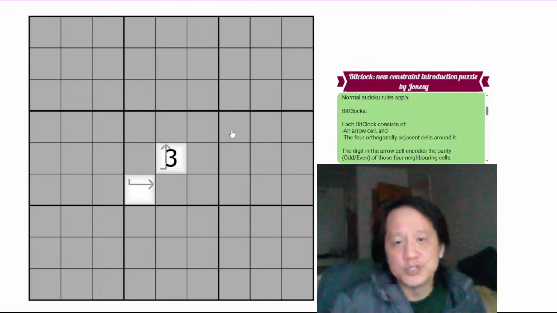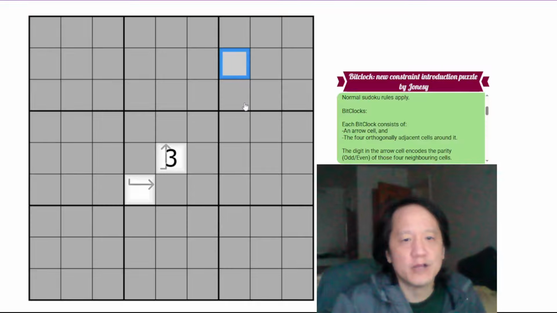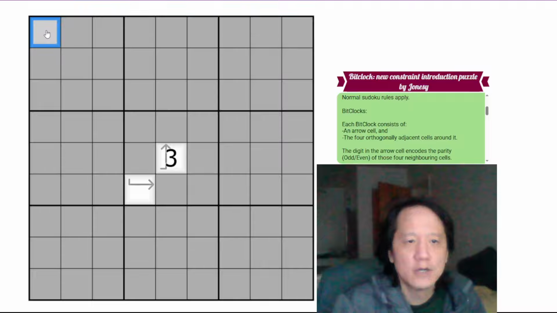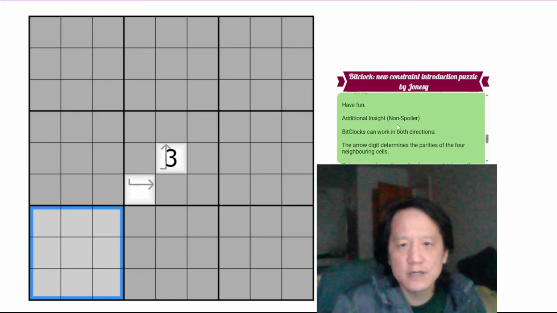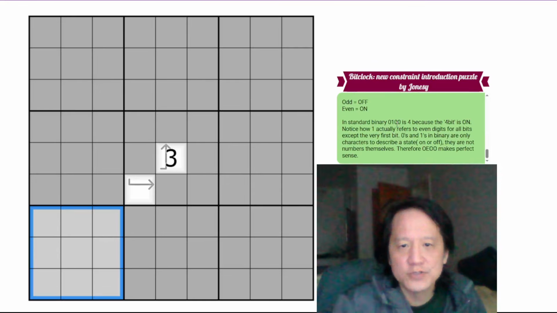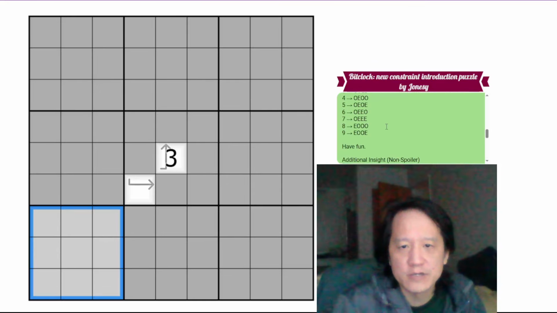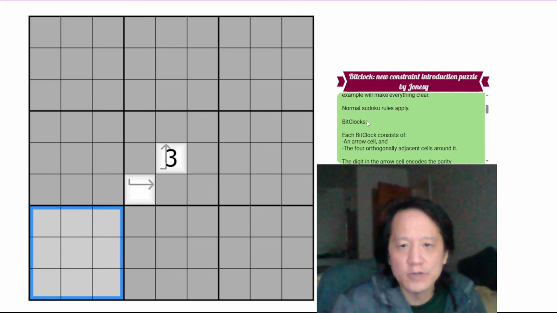So, in the rules here, normal Sudoku rules apply, which means in every cell in the grid, place a single digit from 1 through 9 such that there are no repeats in any row, column, or designated 9-cell region. We have Bitclocks, and we also have fog of war.